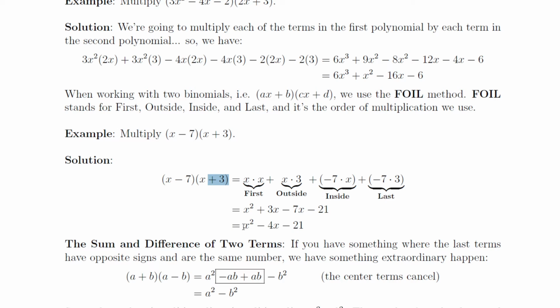So when you work it all out and multiply, you get x squared. Here you get 3x. Here you get minus 7x, and then here you get minus 21. Okay? So we're just simplifying this piece up here.